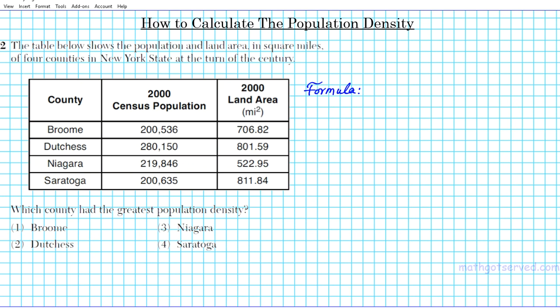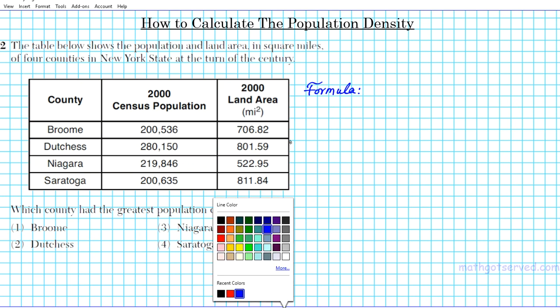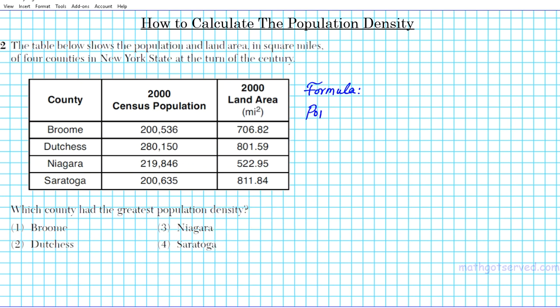Population density is given by the population divided by area. Okay, so that's how you do it. We're going to carry out this quotient computation 4 times in order to know what the population density of the 4 counties are.